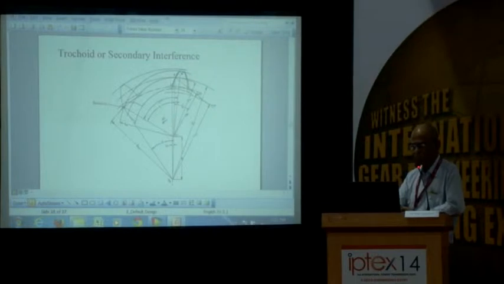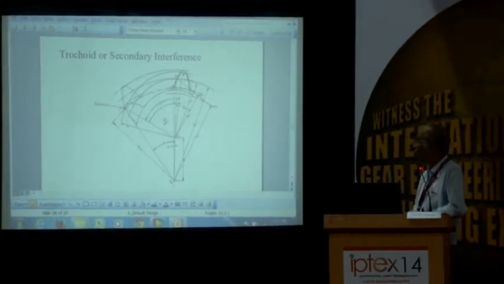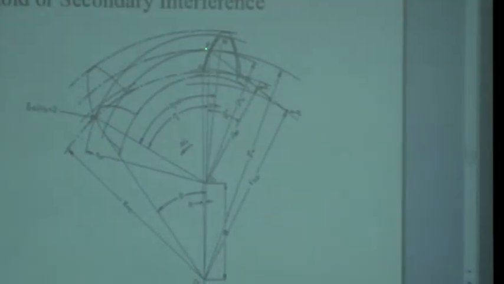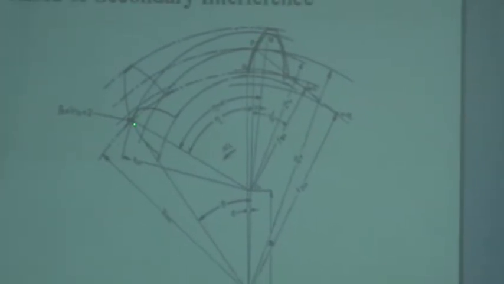Now we come to the trochoid or secondary interference. In this case, as the gear rotates, this is the initial condition. As the gear rotates, this contact comes from here to here.